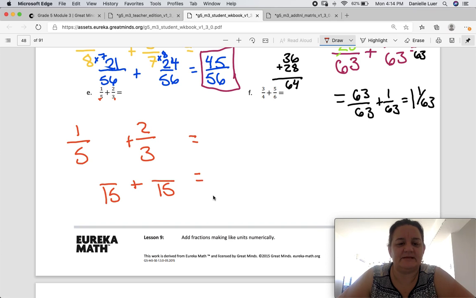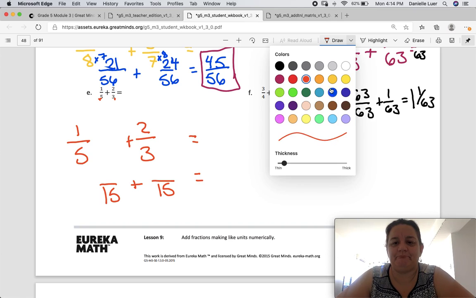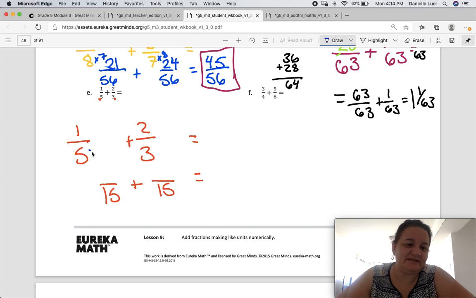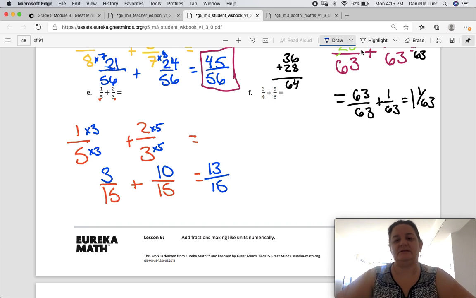That's going to be our common denominator. So 5 times 3 and 1 times 3 would give us 3 15ths. And then here I'm going to multiply by 5. So 5 times 2 is 10, and 3 times 5 is 15. So now I have 13 15ths. Great.